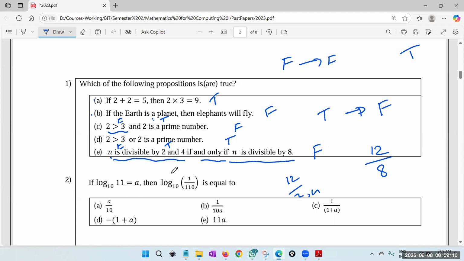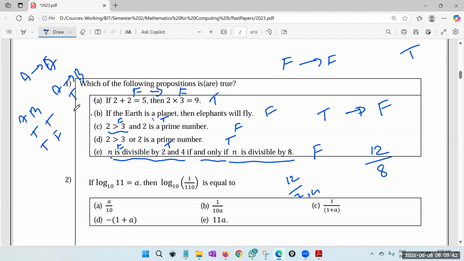But sorry, does the first one is true? You mean the eighth. Yeah. Now this says 2 plus 2 is 5. 2 plus 2 is 5 is false. And then it says 2 into 3 is 9. That is false, right? So according to the A implies B logic, the truth table is A, B, A implies B. True true is true.